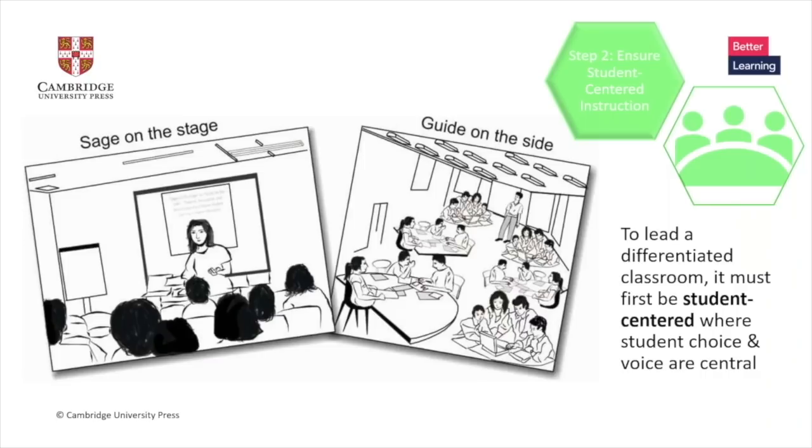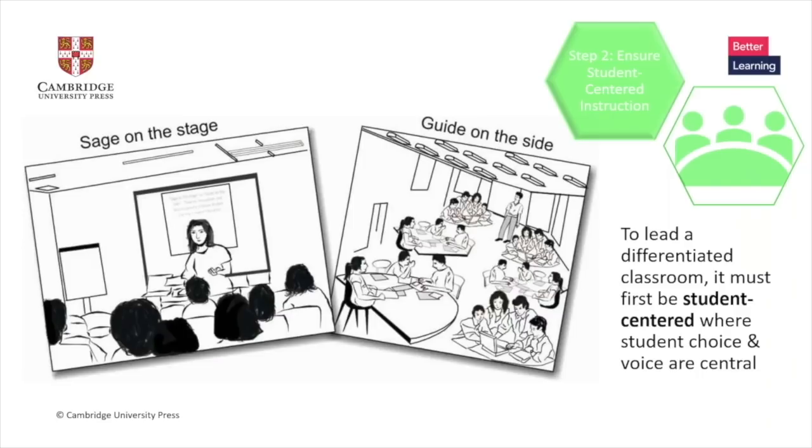Whereas in the guide on the side, on the right-hand side of our screen, we see a different type of classroom. We see a lot of small groups. We see what looks like diverse groups, diverse in age, some of them. We see a teacher that seems to be facilitating, wandering around and checking in on different groups.